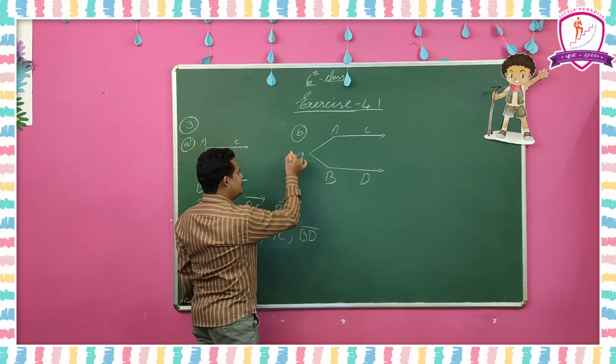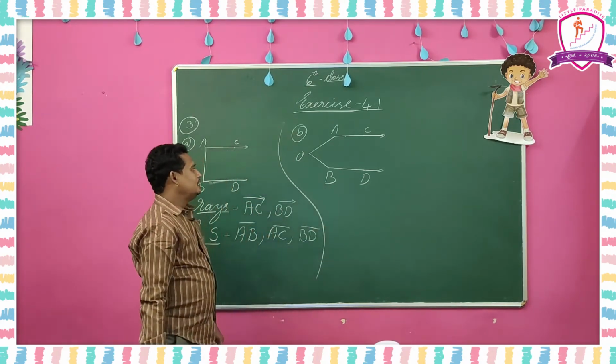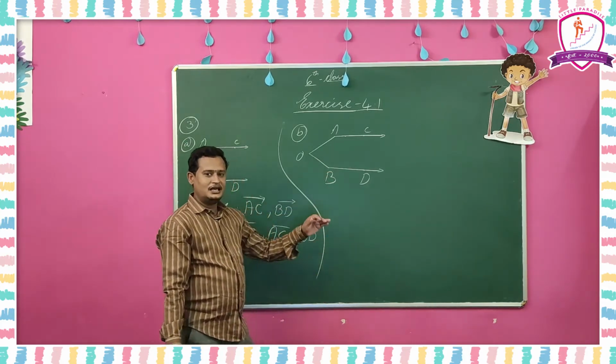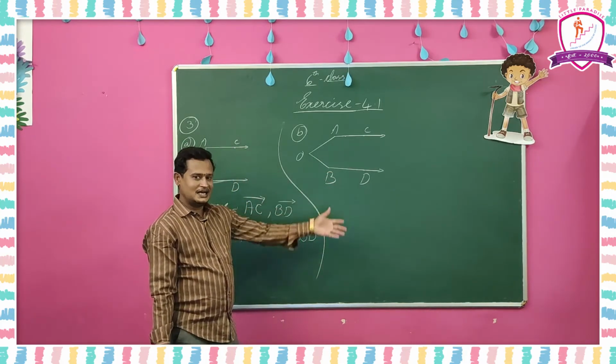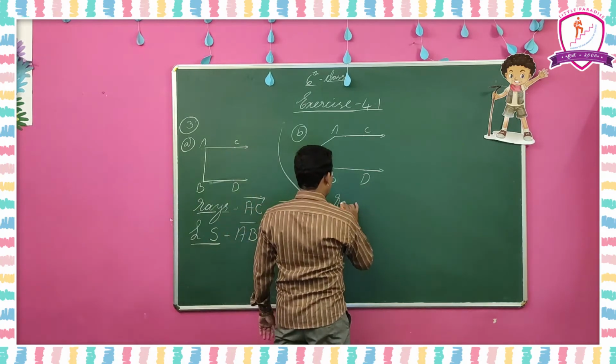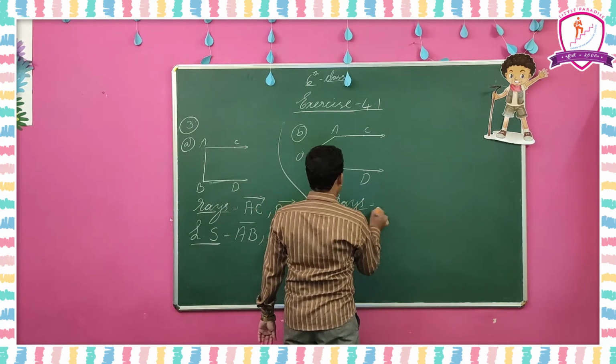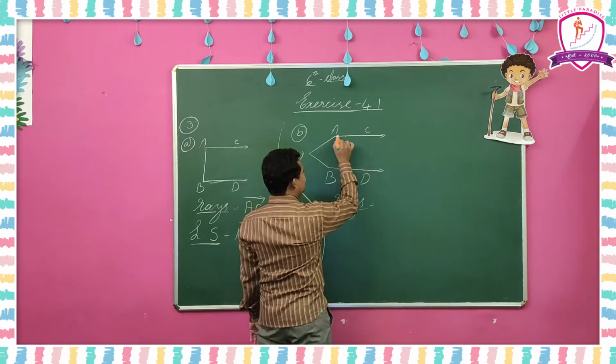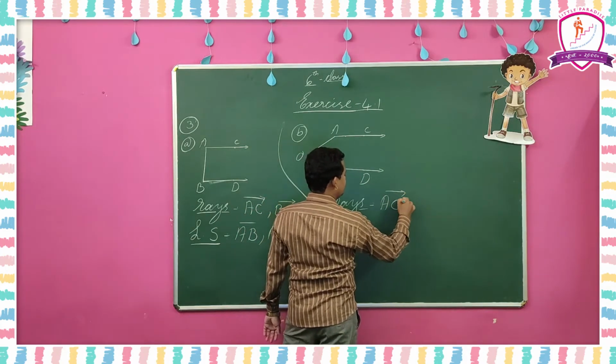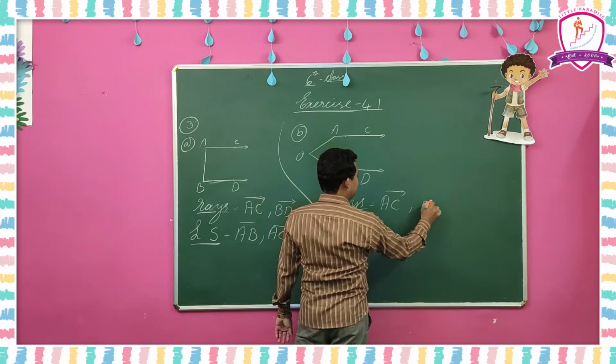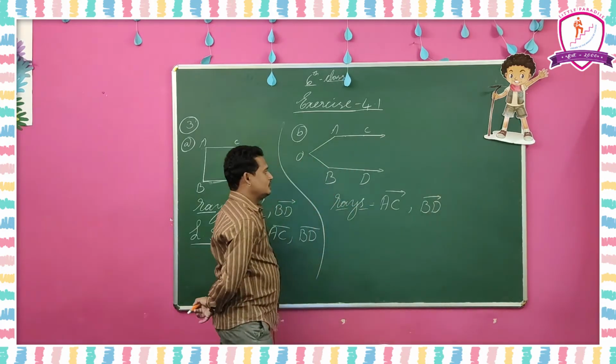So coming to the B question, here how many rays are there? Again we have to find how many rays and how many line segments there are. So rays: here also 2 rays only, AC and BD. These 2 only are rays again.